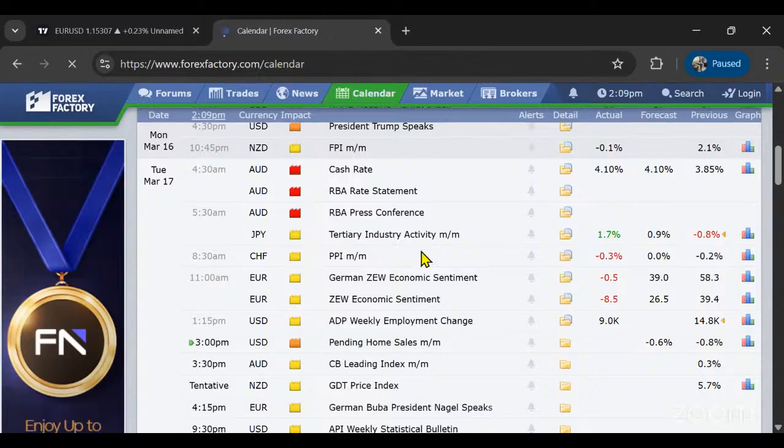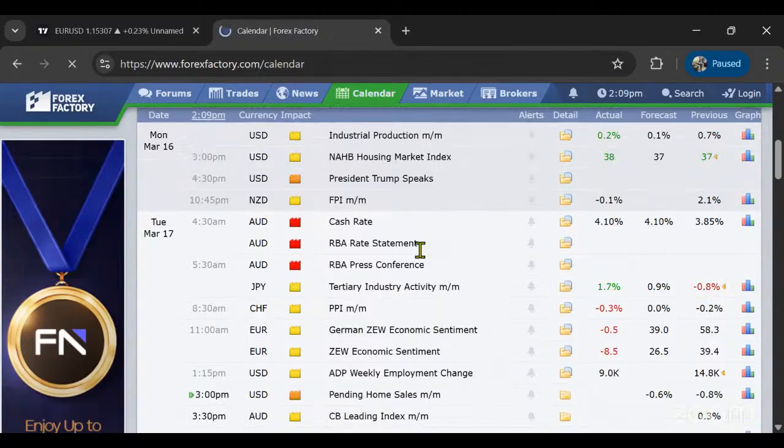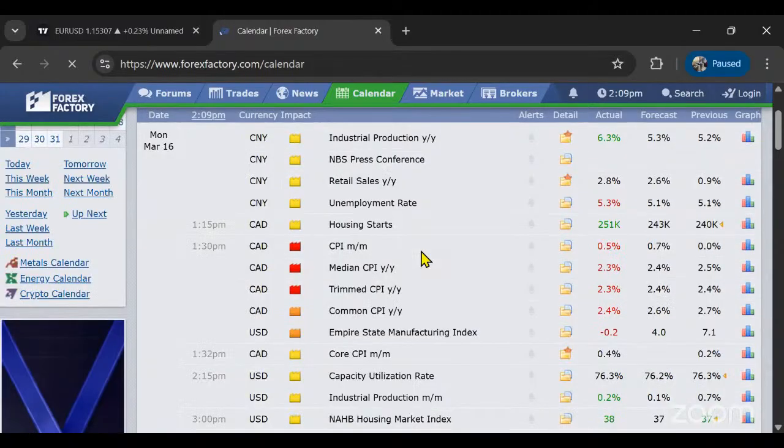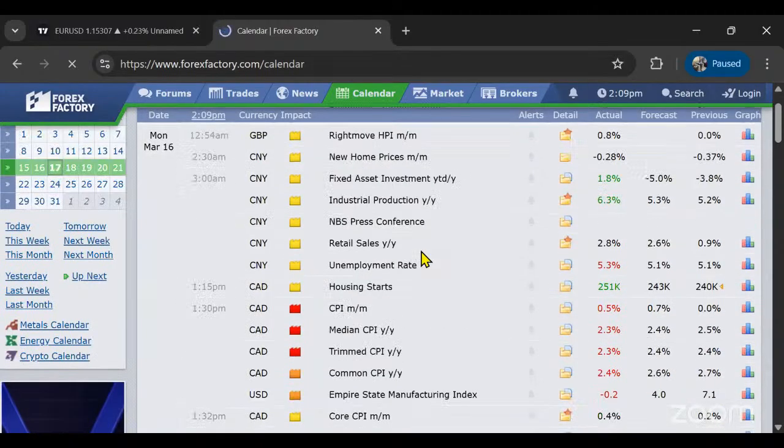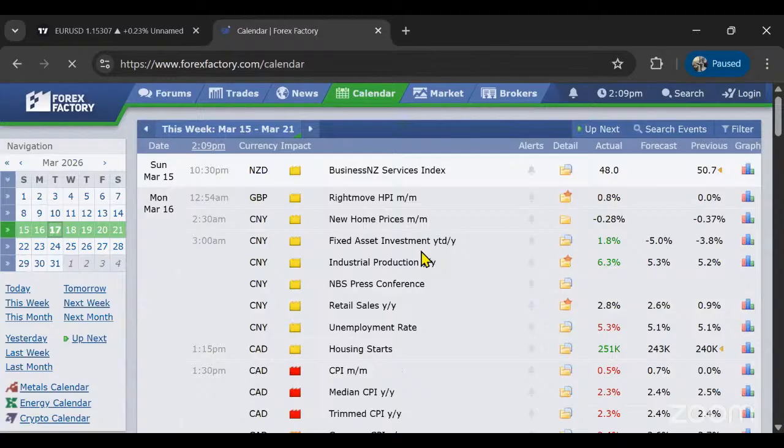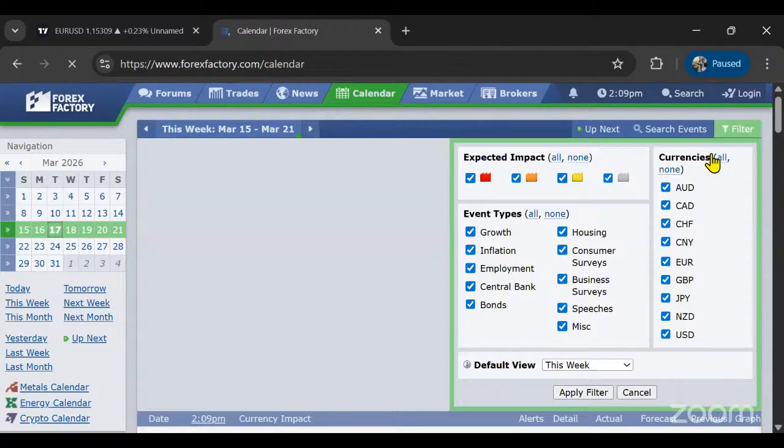Now, here's what I normally do before I go to the Forex chart and show you how we take advantage of the news. If you come here, there's a place they wrote filter. So click on this filter. You are going to uncheck this yellow folder and the other folders.